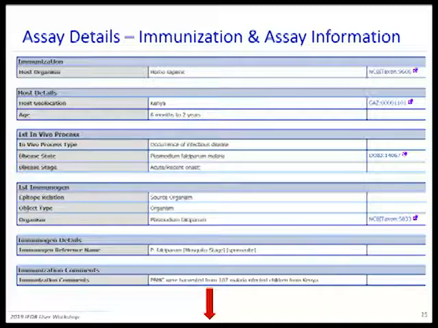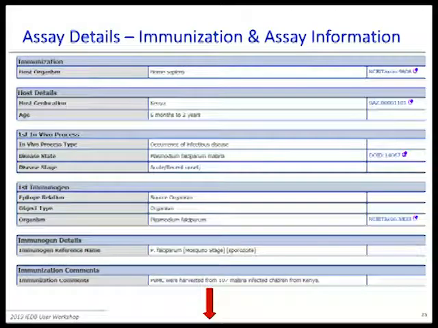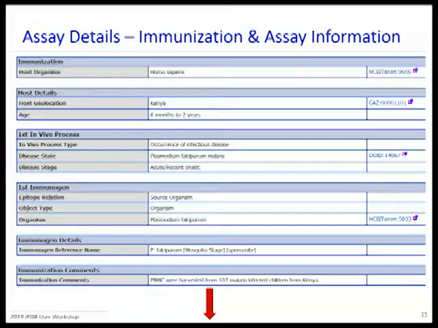The first in vivo process describes essentially what was the biological agent that elicited the immune response. In this particular case, the process type is described as an occurrence of infectious disease. This is simply to say that it was a natural disease occurrence.